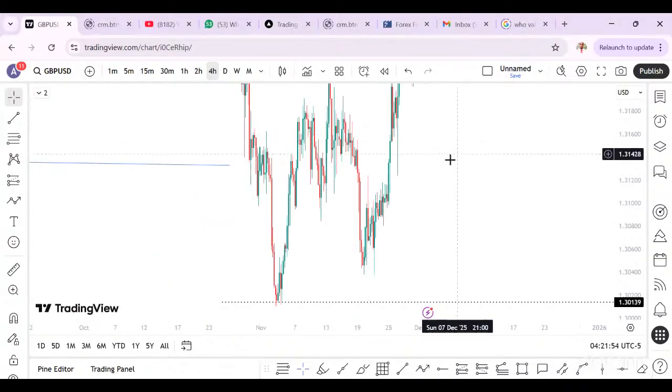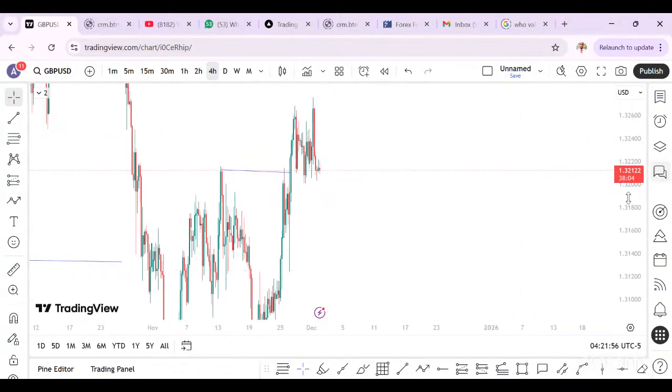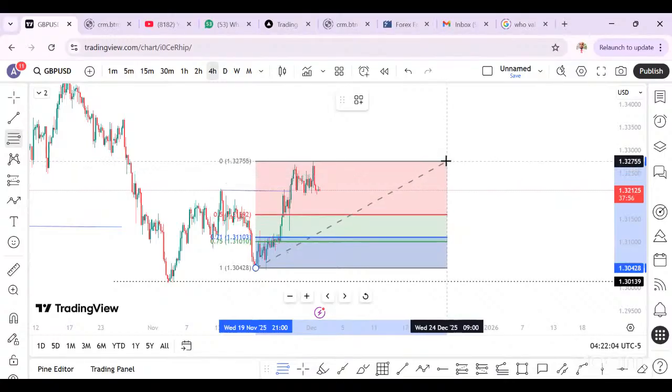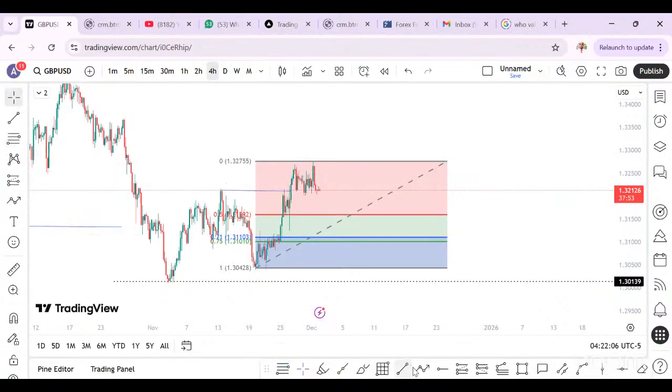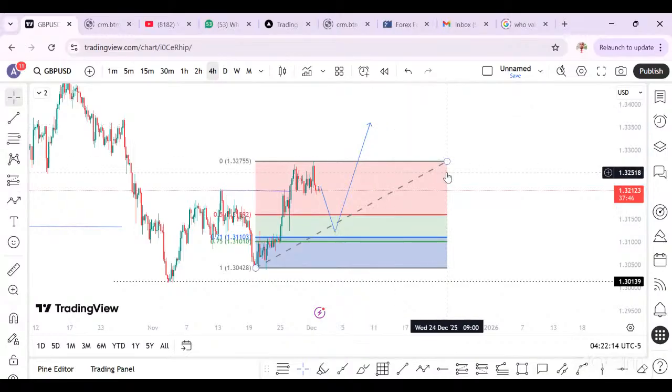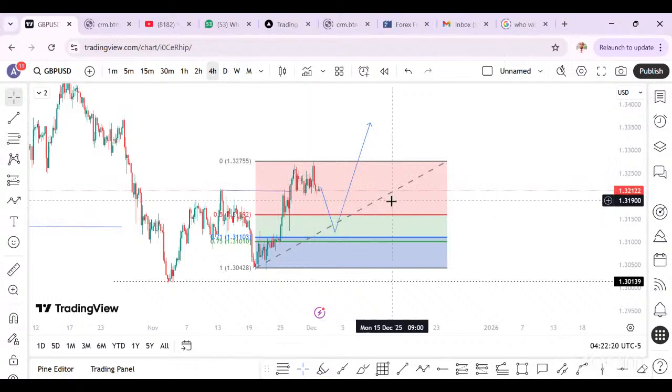So in this case, that's where maybe our Fibo can come in. From this low, we would like to see price at least coming to the 50% to 61%, then we can look for a buy. That's where I would love to join the GBP USD buy. That's what I would love to see.